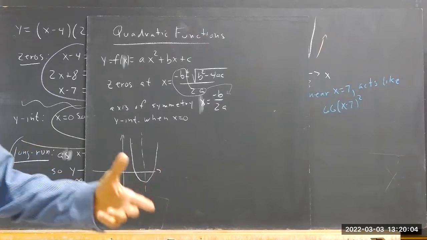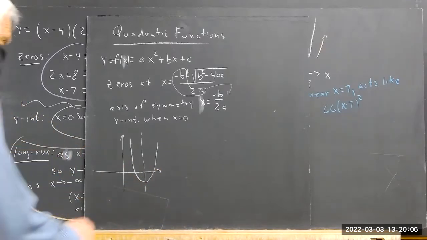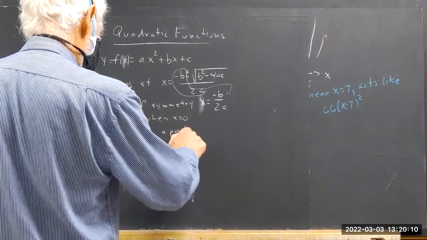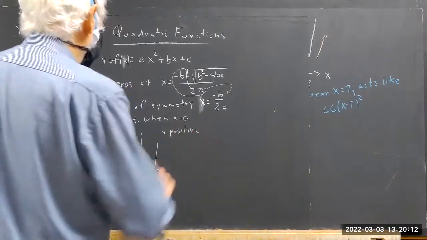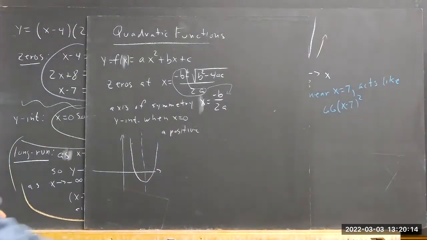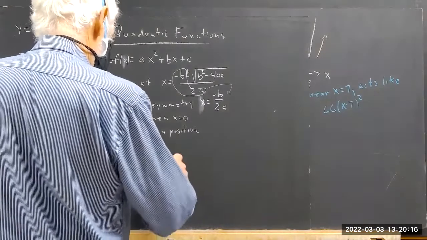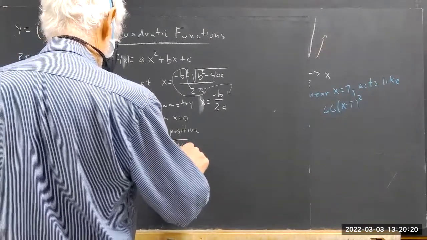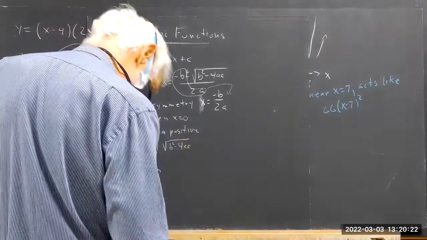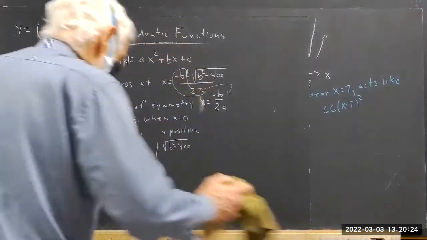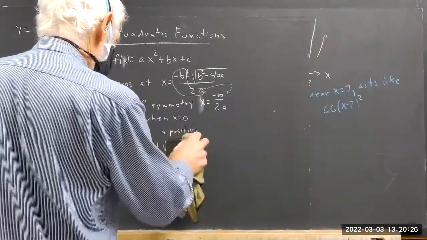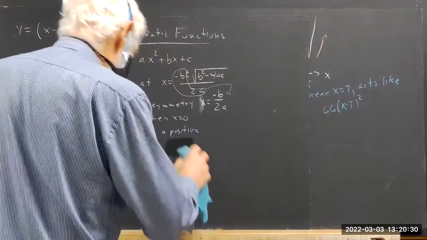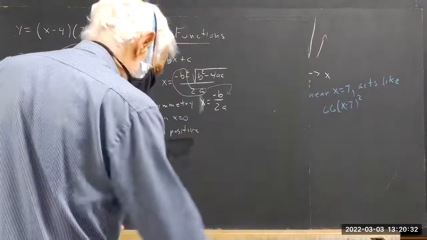So this is if a is positive and, well, you could say the square root of b squared minus 4ac is a real number. But that comes down to b squared minus 4ac being greater than 0.